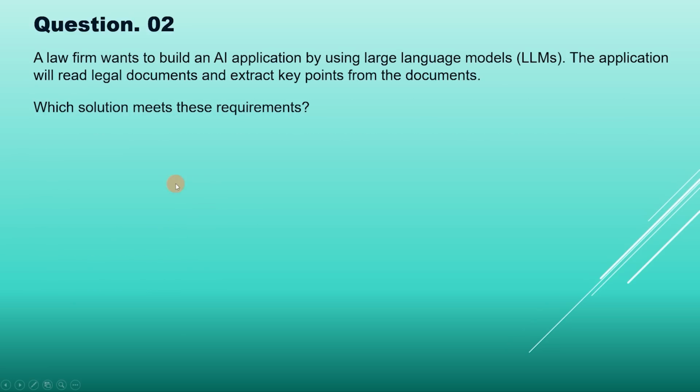And now question number 2. A law firm wants to build an AI application by using large language models. The application will read legal documents and extract key points from the document. Which solution meets these requirements?